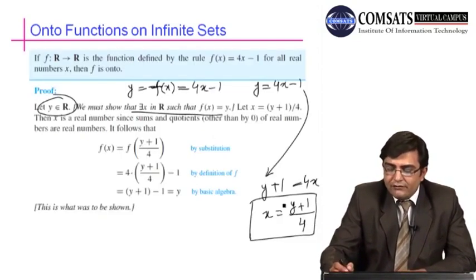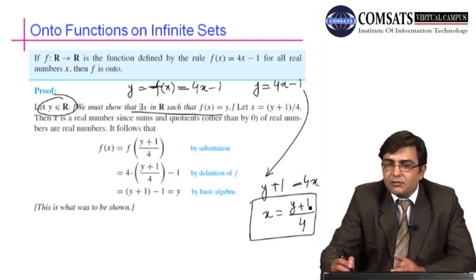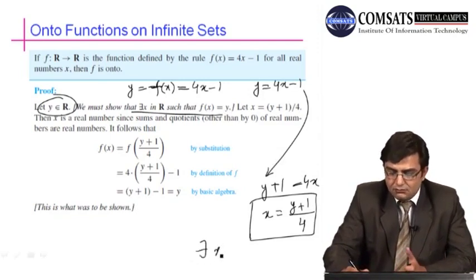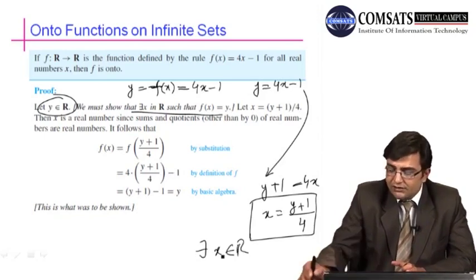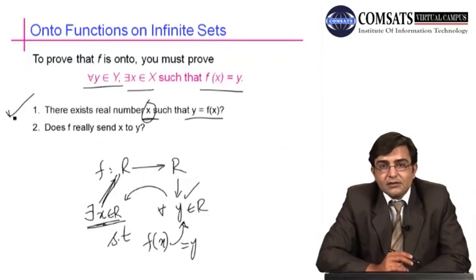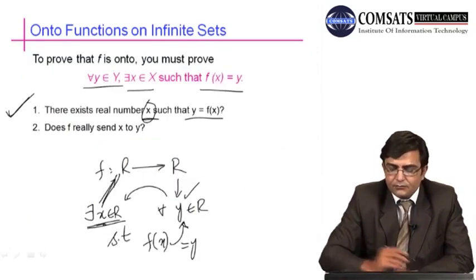Yes, of course, y is real, y plus 1 is real, y plus 1 divided by 4 is real. So x is real. So there exists x which is a real number. We have proved the first condition here.